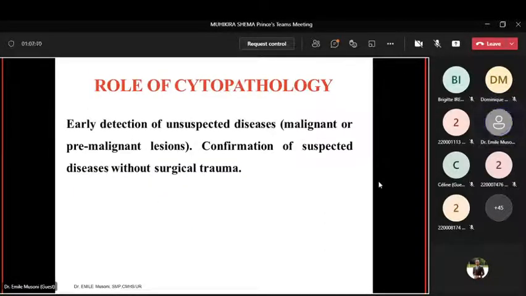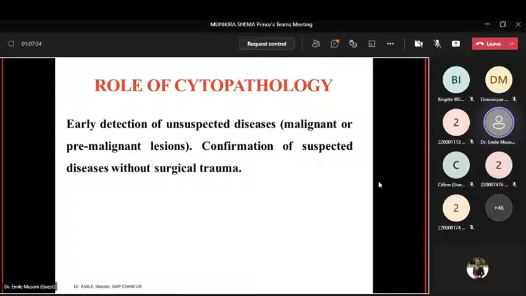So you can ask, what is the role of the cytopathology in clinical practice? Cytopathology is early detection of unexpected disease. It can be malignant, pre-malignant, confirmation of the suspected disease without surgical trauma.